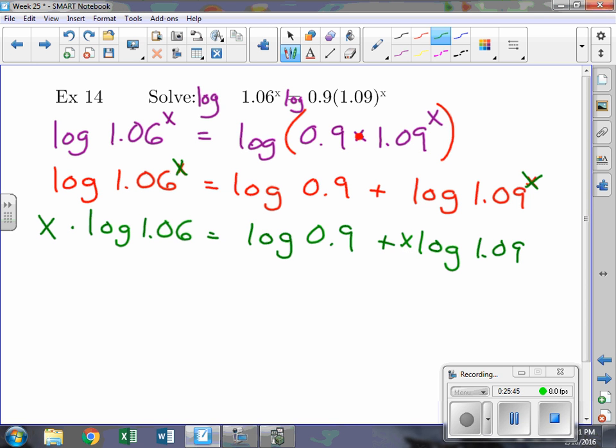Well, now what? Ultimately, keep in mind our goal: x equals blob.